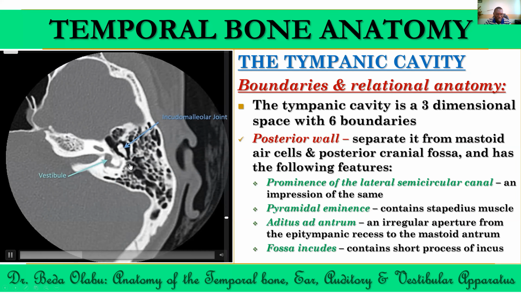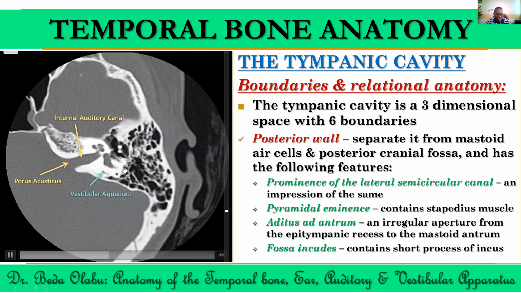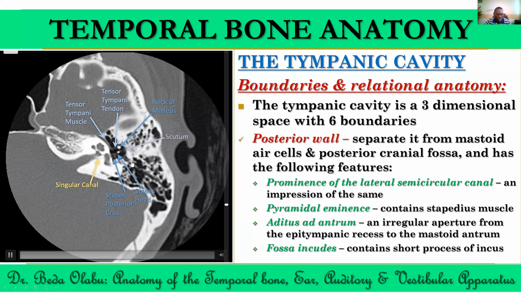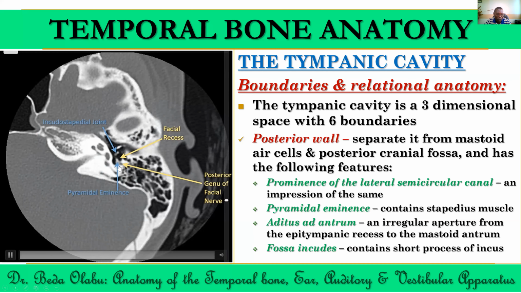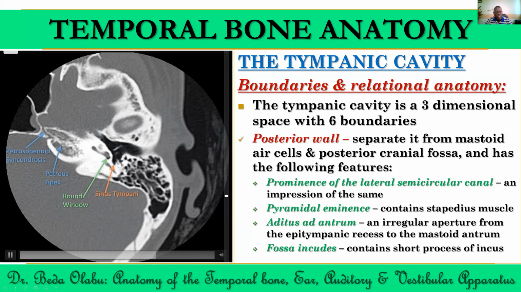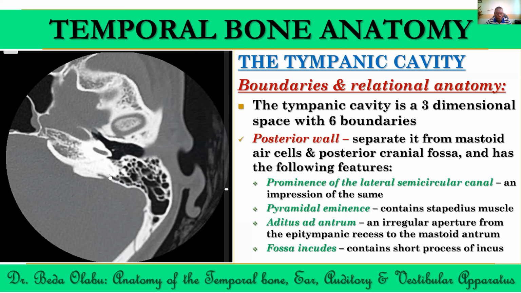We can also see the fossa of the incus there, posterior. And we are about to see the pyramid. Okay, that's the pyramidal eminence, which is also posterior. So those are the structures which are on the posterior wall of the middle ear.